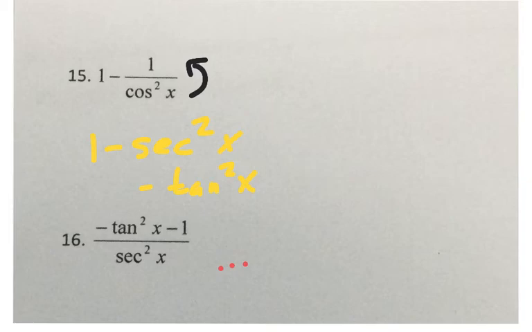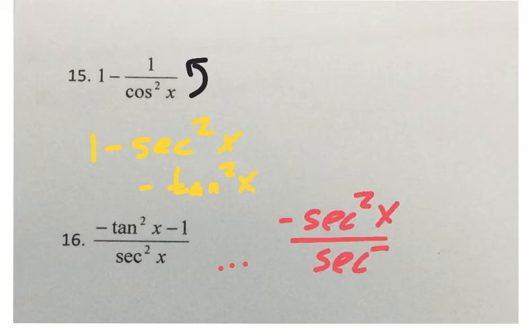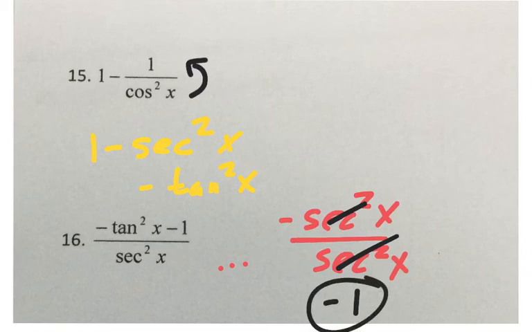I can if I move them both over. It becomes a negative tangent squared and a negative 1, which means I'm going to move the secant squared over. It's going to become a negative secant squared. So I could rewrite this as negative secant squared of x over secant squared of x. And now that's pretty. I can simplify that, no problem. Secant squared over secant squared is 1. And I'm left with that negative, which means I have negative 1 out front.